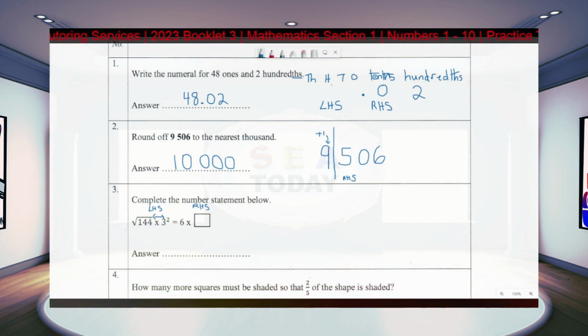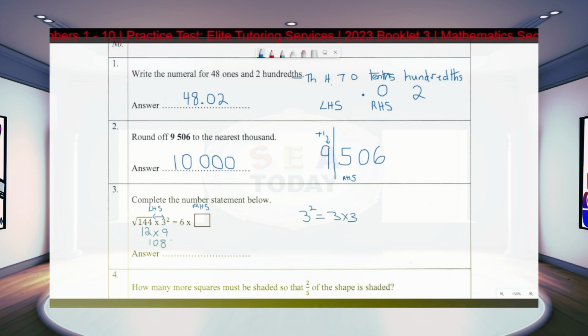So the square root of 144 is one of the easy ones we're supposed to know, 12, because 12 times 12 is 144. 3 raised to the power of 2, of course, is 3 times 3, which is 9. So you have 12 times 9, 12 nines are 108. So the left hand side value is 108, so therefore the right hand side's value should also be 108.